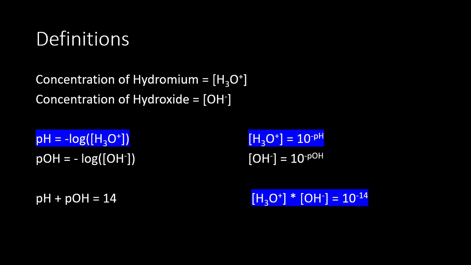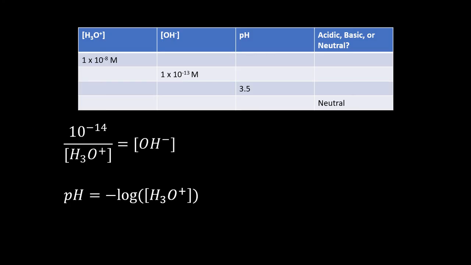And we're going to go through some examples of what you might see in your lab activity. Taking this chart right here, where we essentially are asked to fill in the missing blanks between either hydronium, hydroxide concentration, pH, and also determining if that solution under those conditions would be acidic, basic, or neutral.